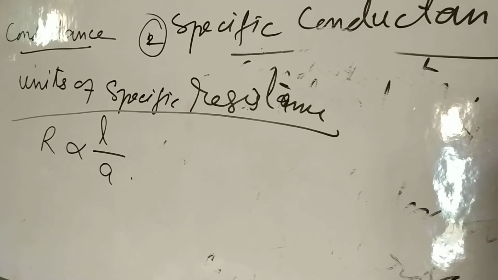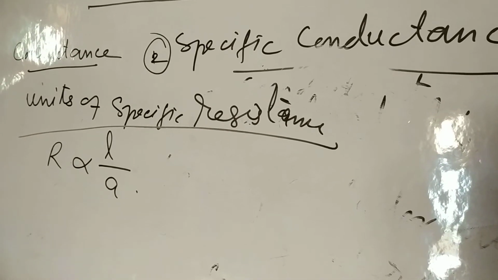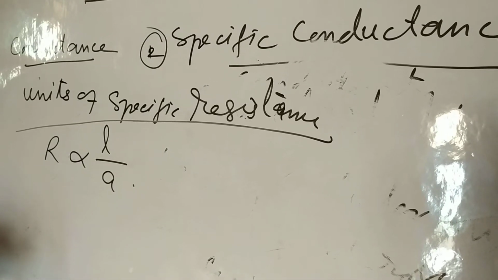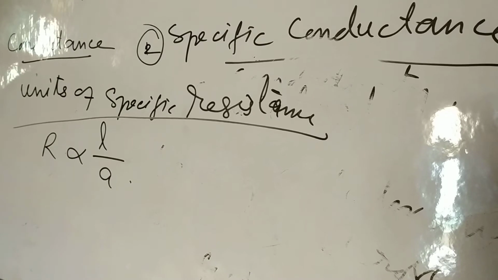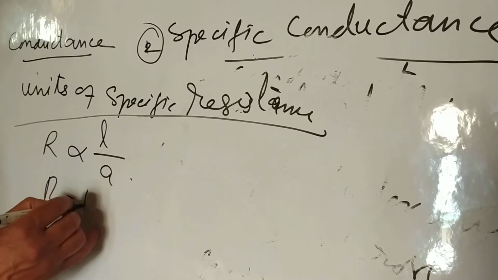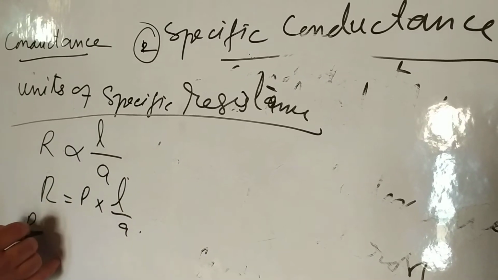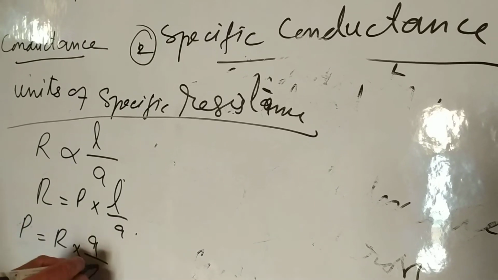Similarly, a thicker conductor will have lesser resistance than a thinner conductor. So we write R proportional to L over A, and changing it into equality, R is equal to rho L over A, or rho is equal to R into A over L.